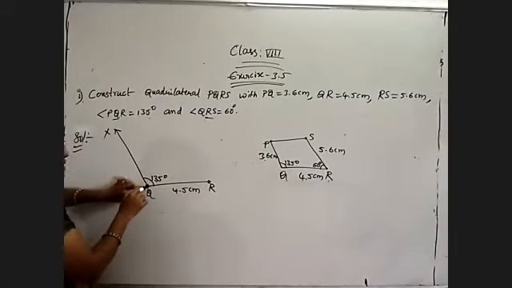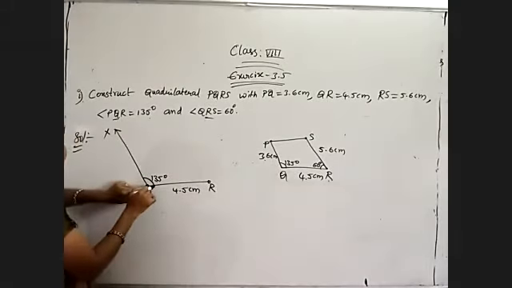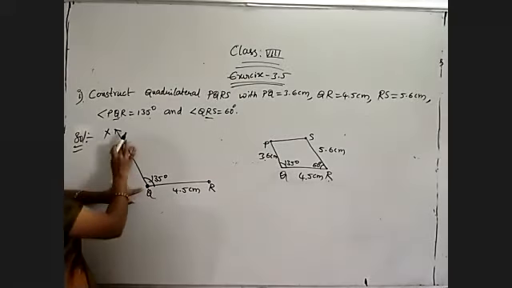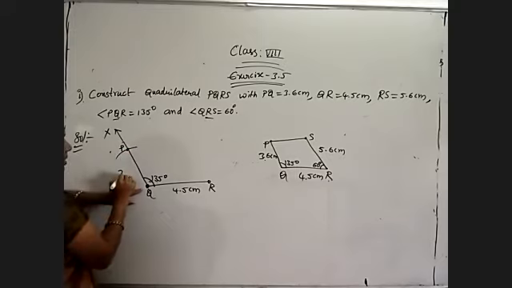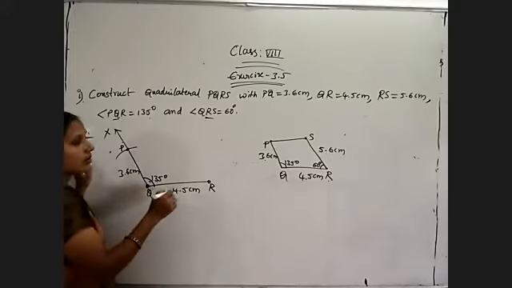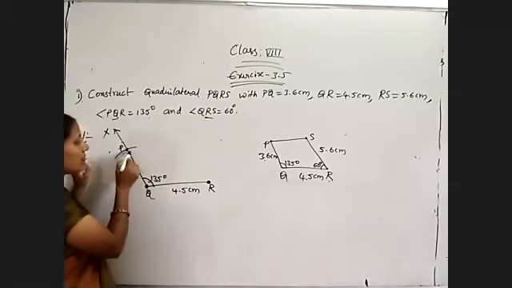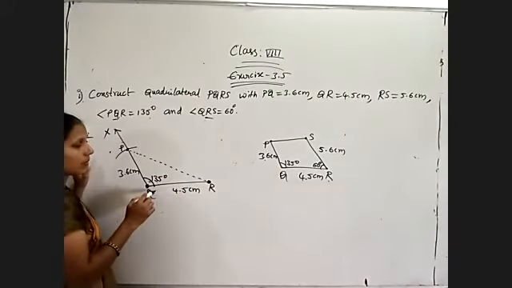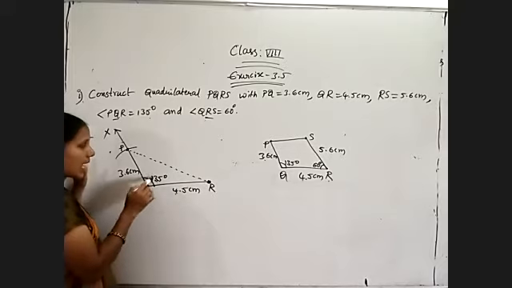So with 3.6 centimeters radius, Q as center, where I have constructed the angle, there only I must take the center. So Q as center with 3.6 centimeters radius, draw an arc. That is P, 3.6 centimeters. Now use the remaining two measurements. So we got triangle PQR by using the given measurements, by using the side angle side criterion.